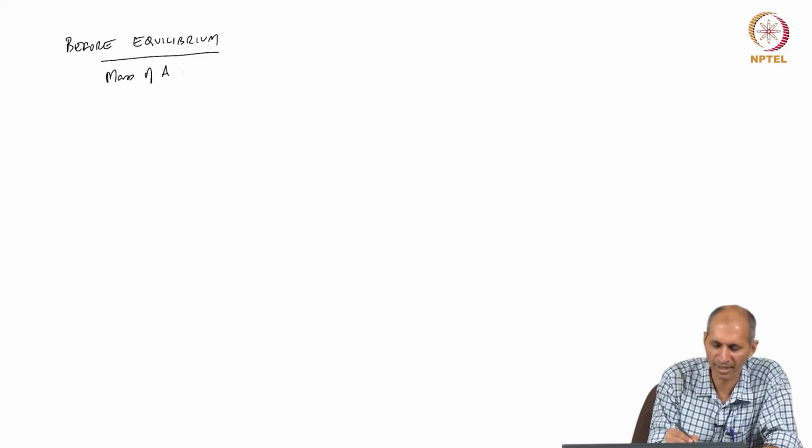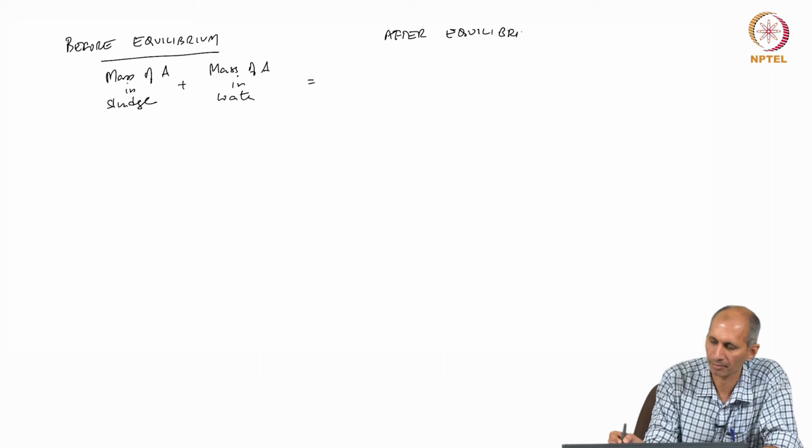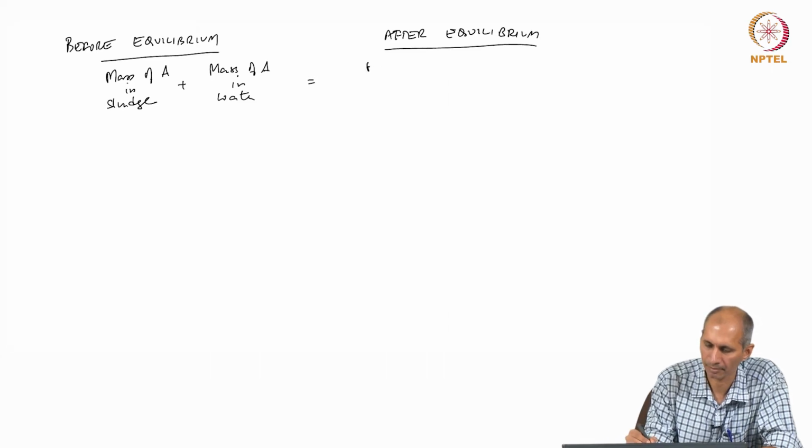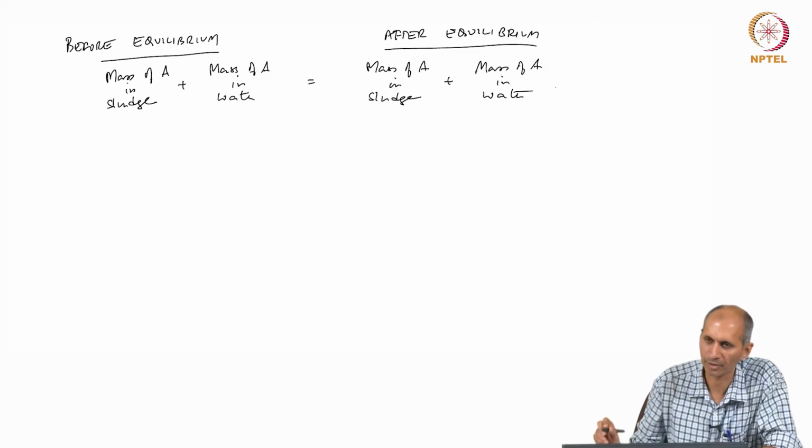All the mass of A. So, mass of A in sludge, plus mass of A in water, equals after equilibrium, mass of A in sludge plus mass of A in water.